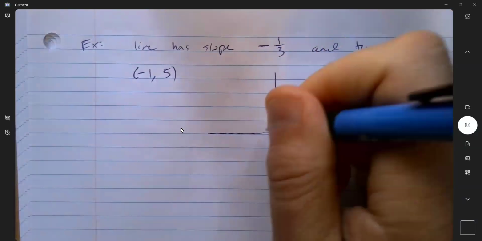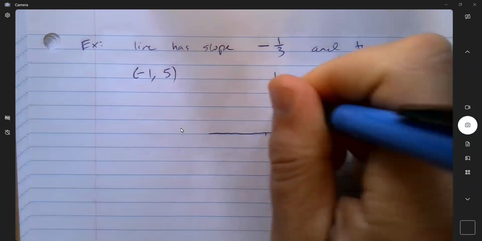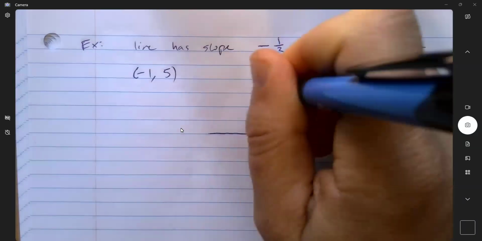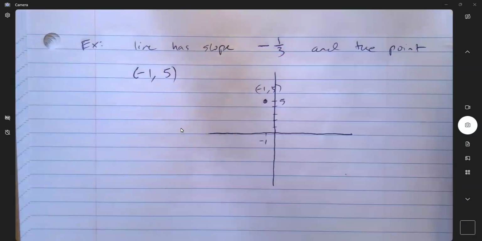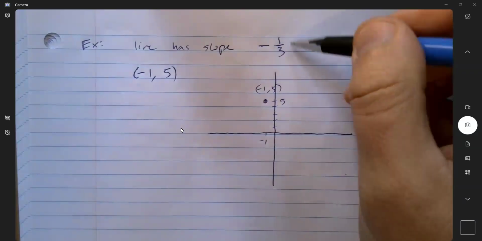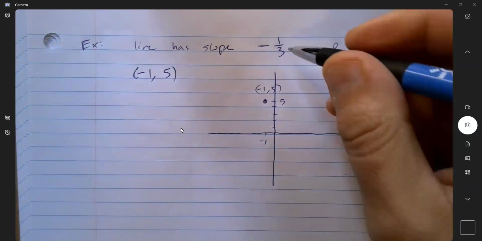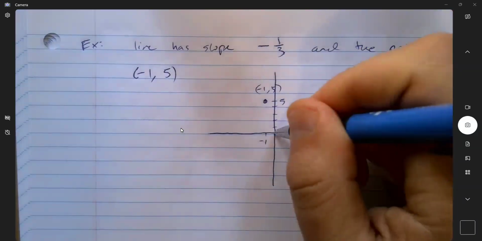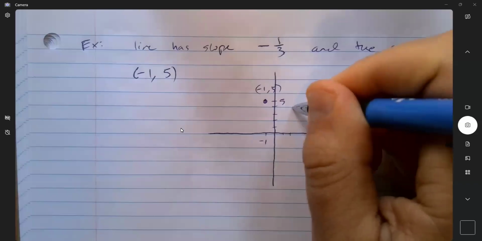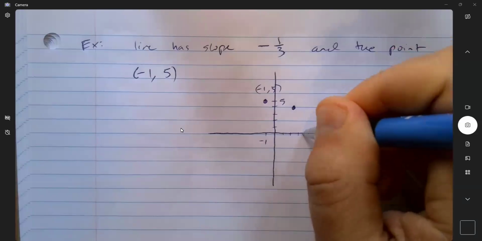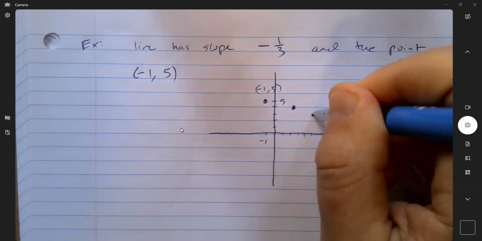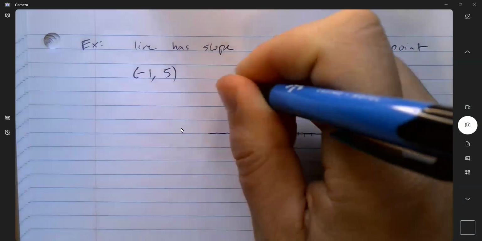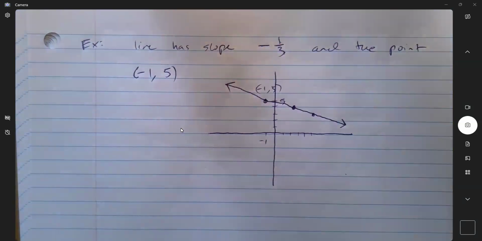I don't know the y-intercept, but that's okay, because I do know that the point (-1, 5) is on my graph. And then I use my slope to figure out another point. This says when x goes up by 3, y goes down by 1. So I count 1, 2, 3, and y goes down by 1. And then I go 1, 2, 3 again, and y goes down again, and I'm still able to draw my line.